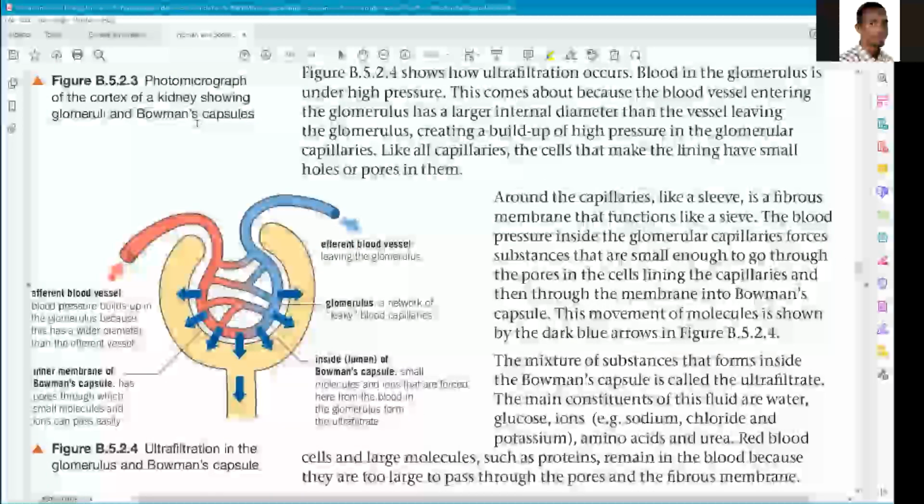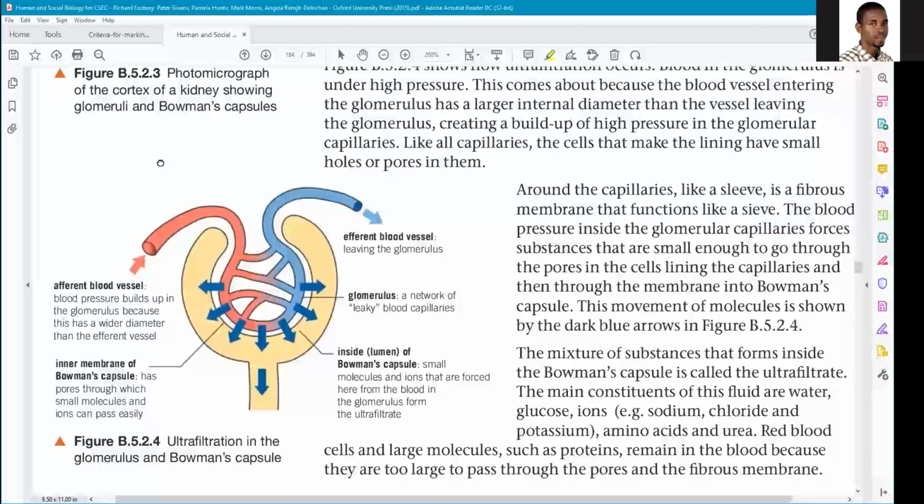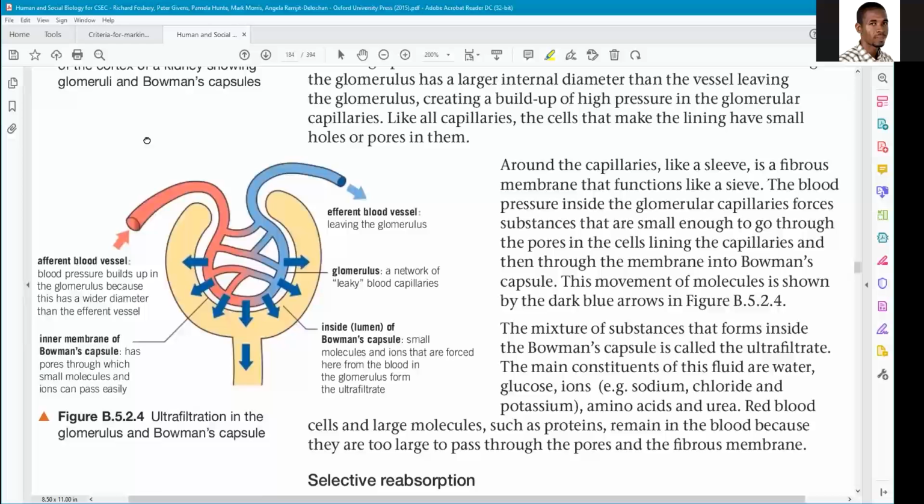Shift it a little. Right, so you can see that better. That diagram there shows how ultrafiltration occurs. Blood in the glomerulus is under high pressure.